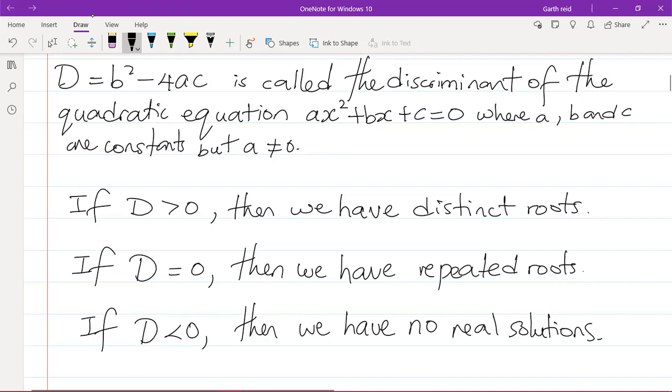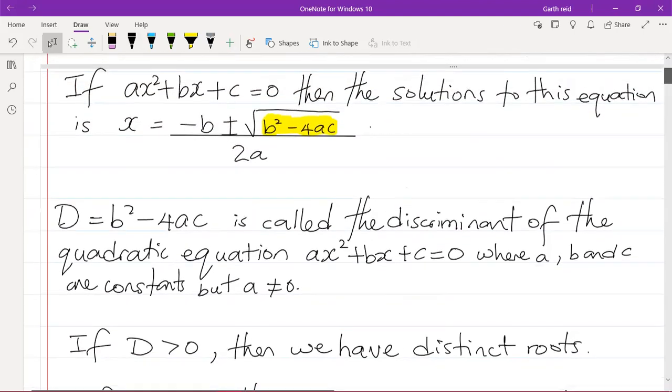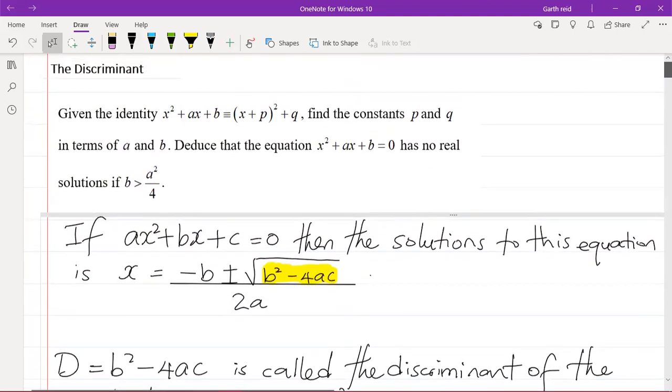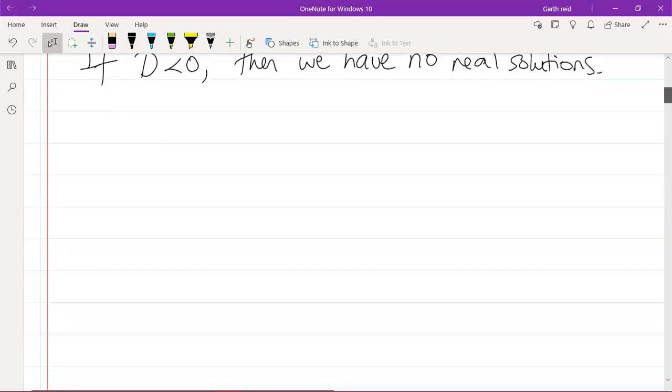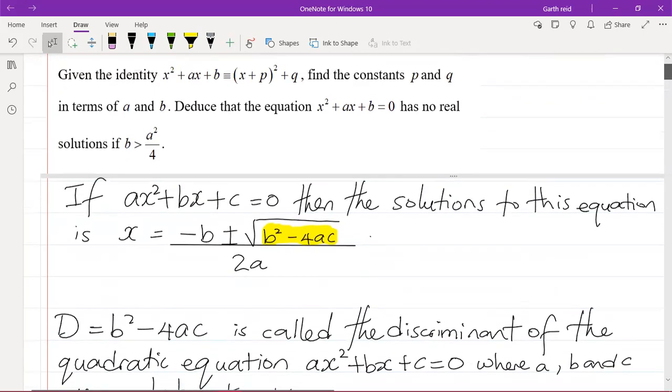You will learn how to find solutions when the discriminant is negative in higher level mathematics, such as CAPE pure mathematics, or if you choose to study mathematics at the undergraduate level.